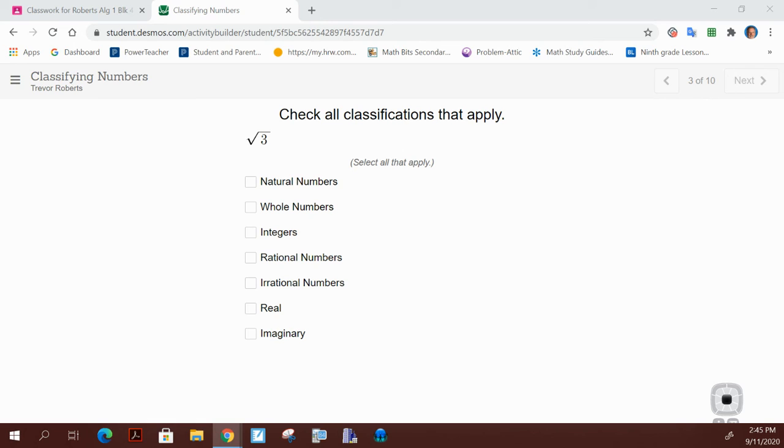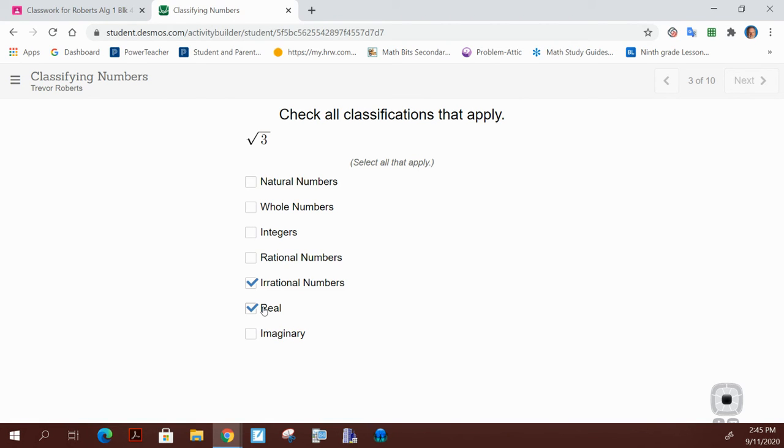Look at number 3. Ooh, square root of 3. Okay? It's got a square root, so there is no perfect square root of 3, is there? All right, so it's irrational. And if it's irrational, it's also real because remember, rational and irrationals are both real numbers.